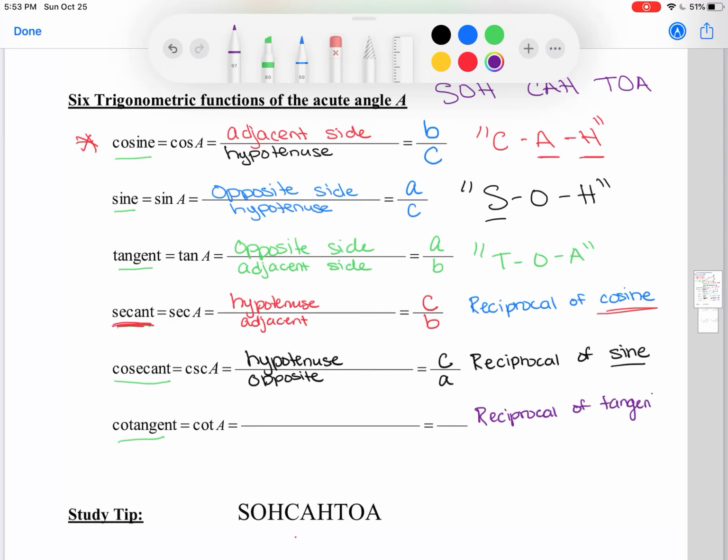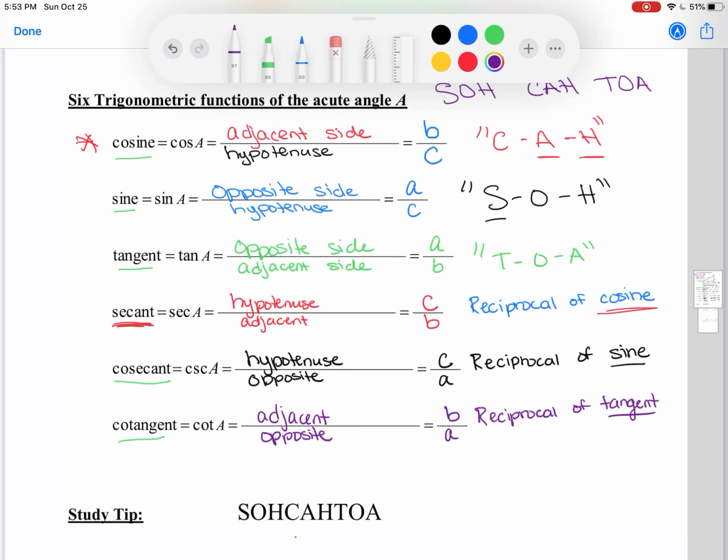And you'll never guess what cotangent is because it still uses the word tangent. It's just now the reciprocal of tangent. Okay, so we want adjacent first. Oops, if I can spell that correctly there.